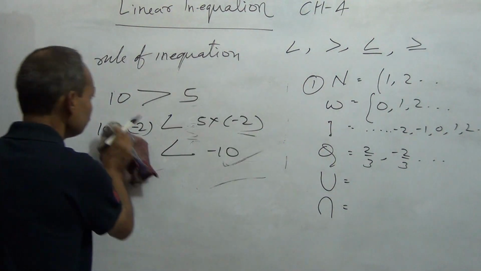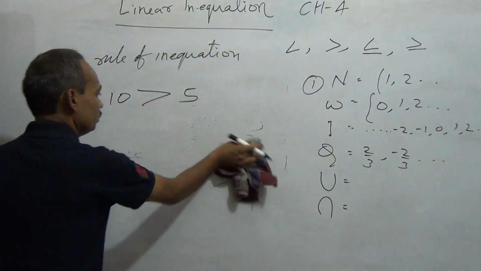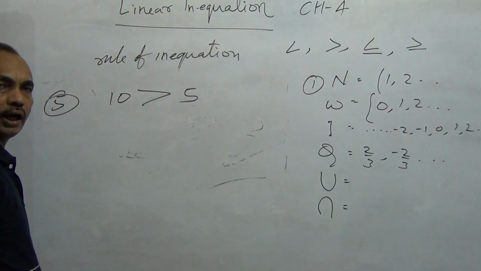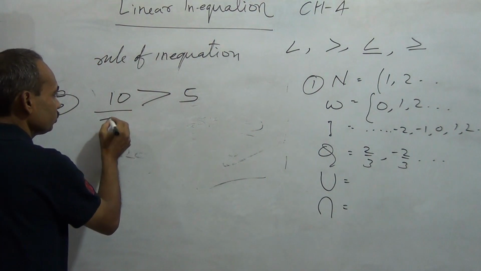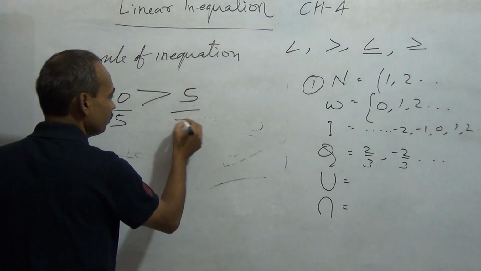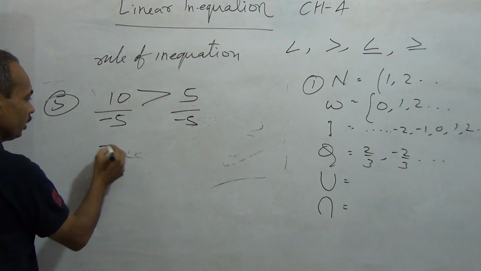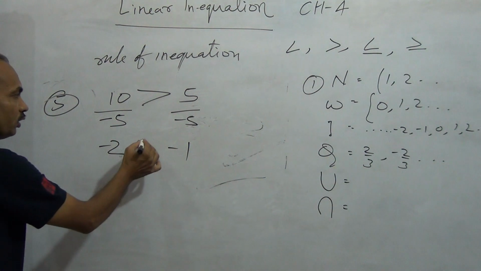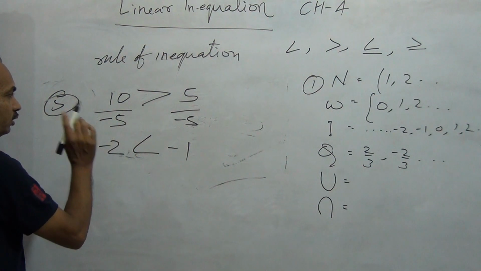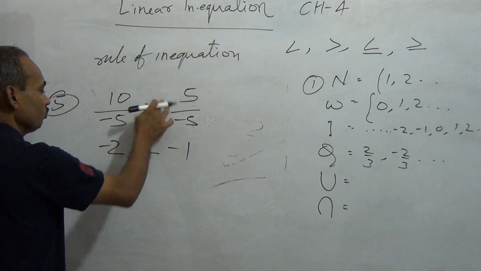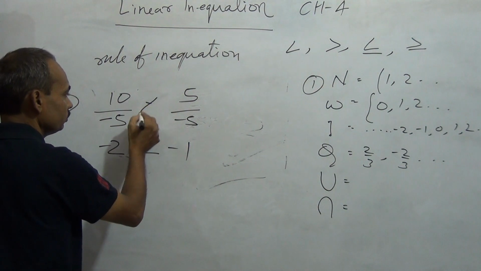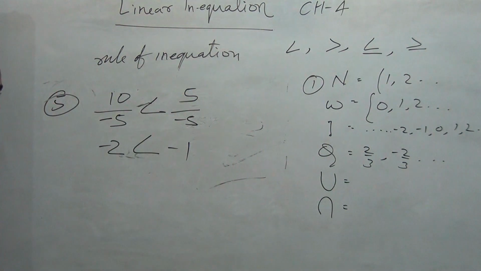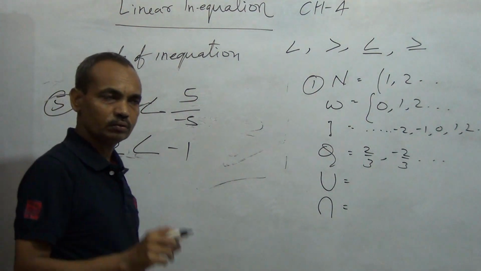Taking some example, this is the question, and divide by minus 5. After dividing, minus 2, minus 1. We know that minus 1 is greater than minus 2, so the sign of inequality changes. So there are 4 rules.